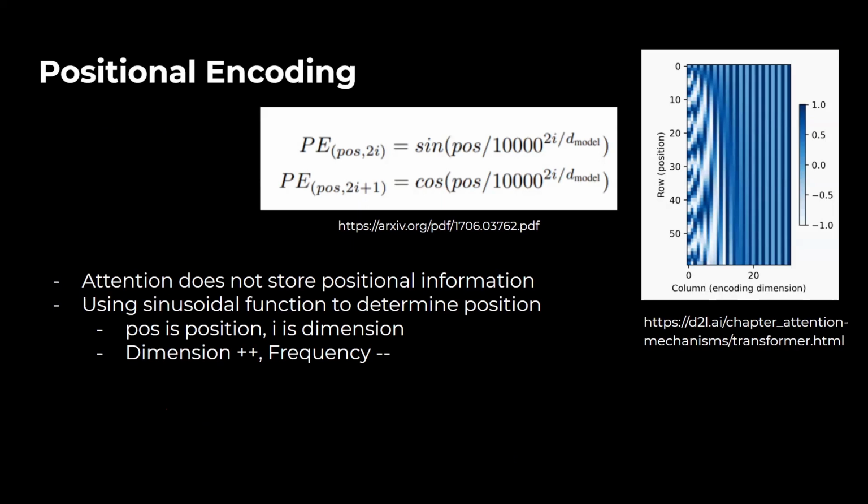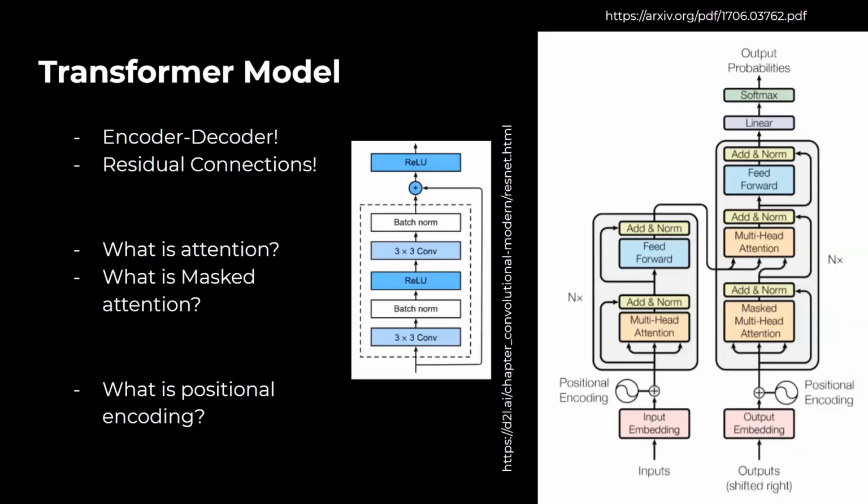Positional encoding. I think I wasn't very clear. I guess I didn't mention it in the beginning, but in transformer models, you actually put all the input words in at the same time. You might know that in LSTMs, you feed in the first word, you get the first output, you feed in the second word.